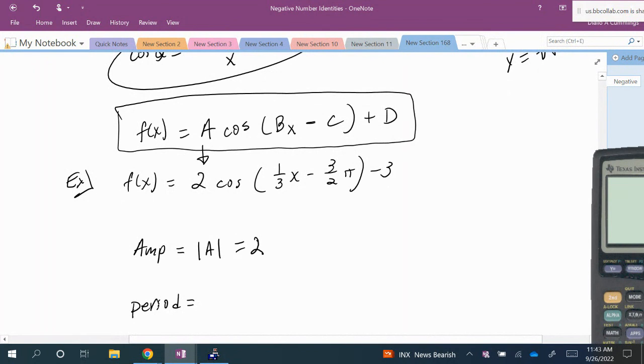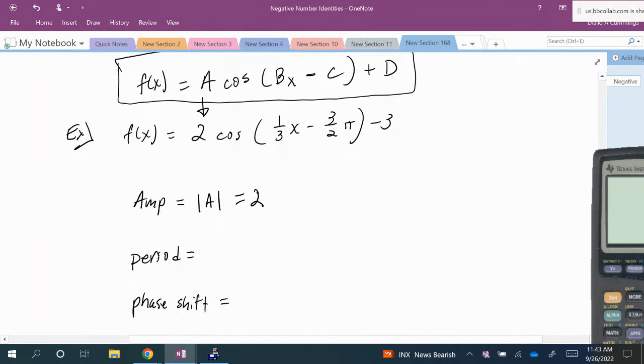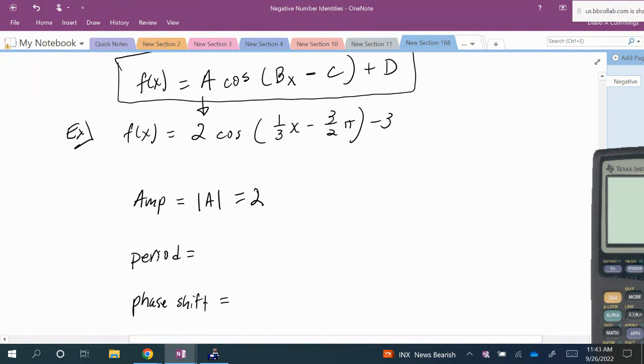Next, we're asked to find the period, and the period has a formula. The period for the cosine, sine, cosecant, and secant is 2 pi over b. Notice that b is going to be the coefficient of x. So we have 2 pi divided by 1/3.